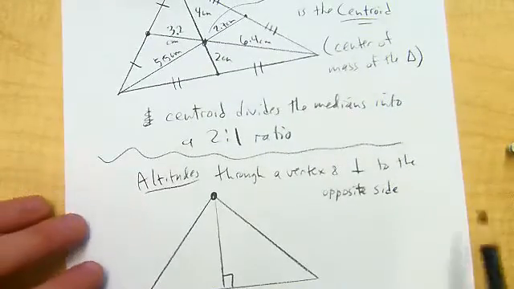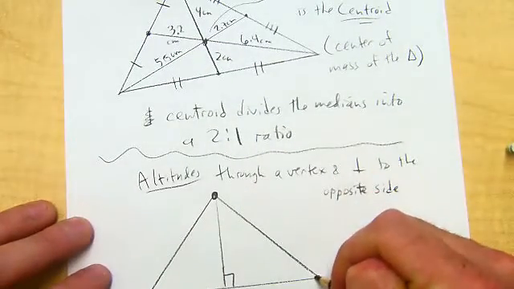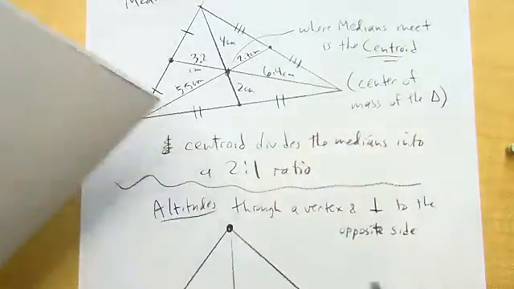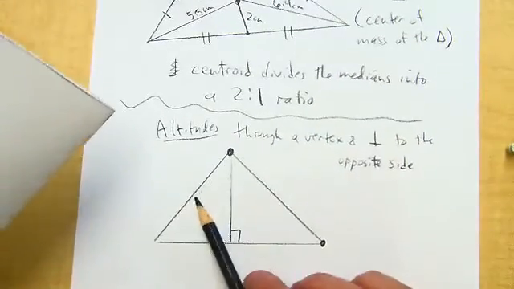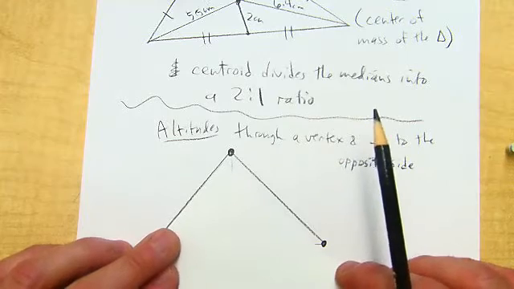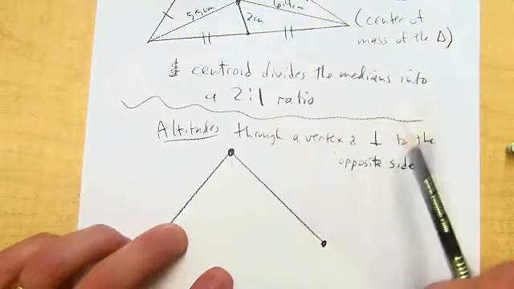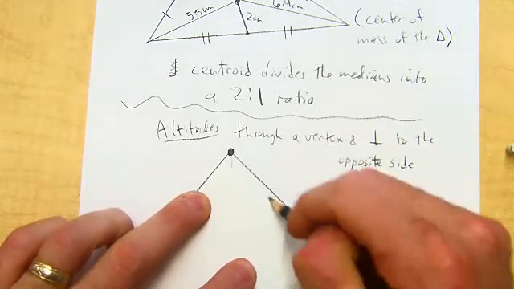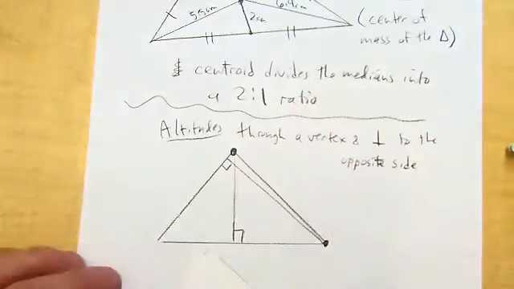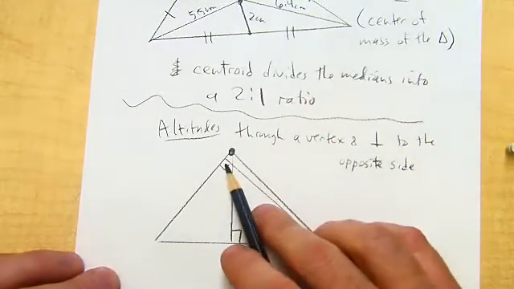Okay, so now it's a little weird on these because I made it almost obtuse, but I'm going to go through that point, but it's got to make a 90 with this side here. See if it's possible. It's going to be very close to that side. Yours might not be that close to the side. Mine was very close like that, made a 90 here. Okay, but notice I went through this point and made a 90 there.